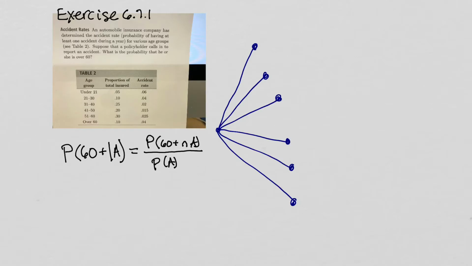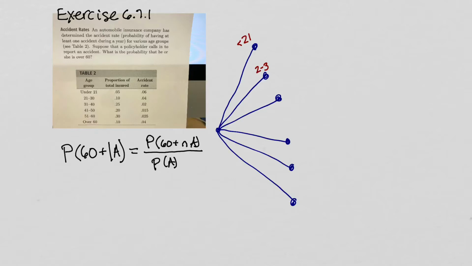So now I can mark these someplace and somehow, and the way I'm going to mark them is maybe this. This is the age group under 21, so let's say less than 21. This will be 21 to 30. So how about just 21 to 30? I'm just going to write it like that. I just need to somehow remind myself that that's what this is. So this branch right here, that's going to be in this group, 31 to 40.